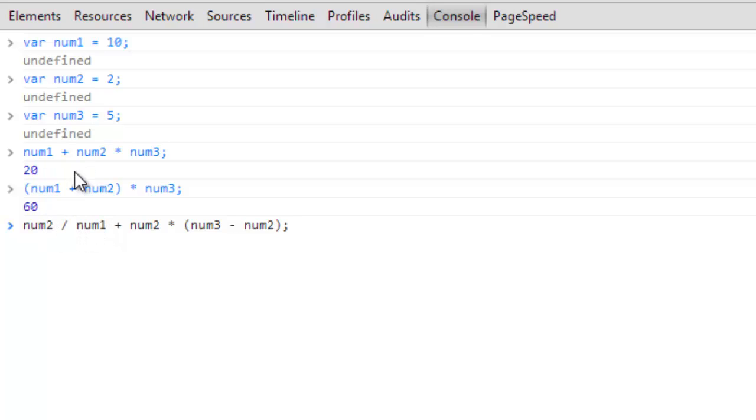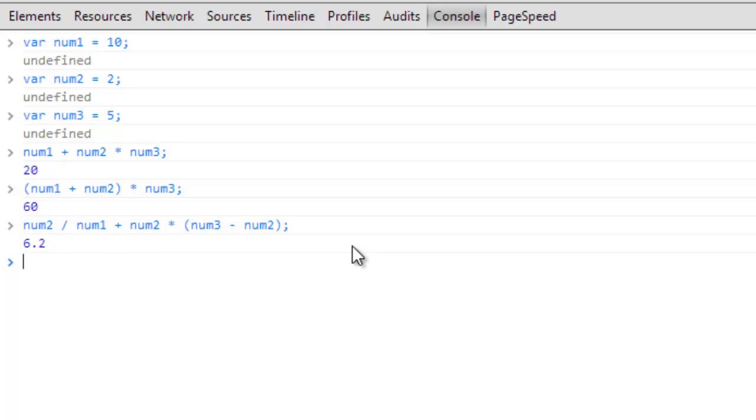So we're going to have num2, which equals 2, divided by num1, which equals 10. And don't worry, I'm not asking you to actually give me the answer on this. It's more of just knowing the way this is going to be processed. So we're going to take 2 divided by 10. Then we're going to take these ones and multiply this times 2, or num2, and then we're going to take both sides of this and add them together, and that's what our end result's going to be. And there we go.